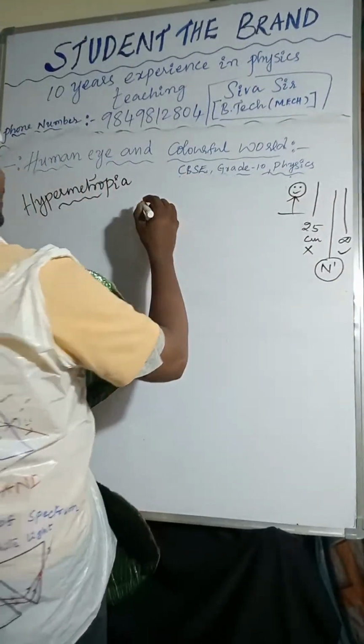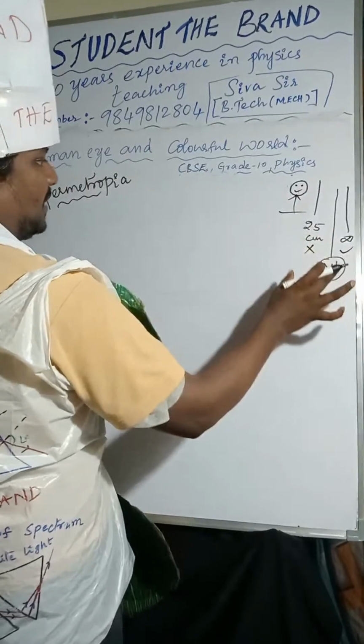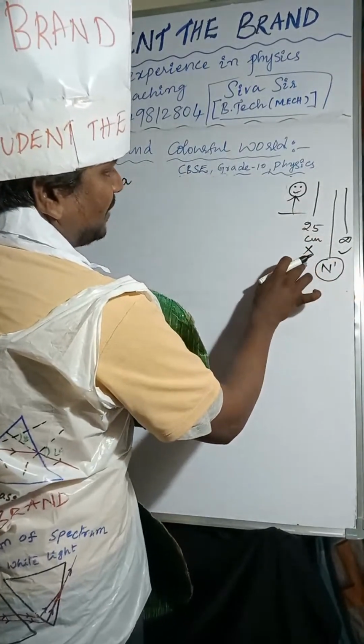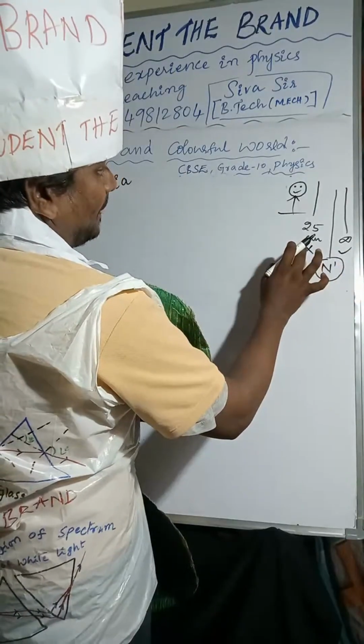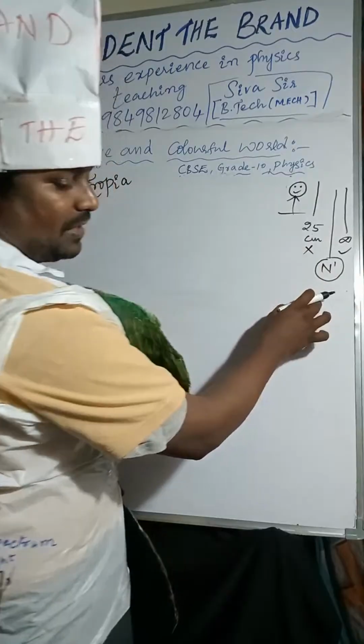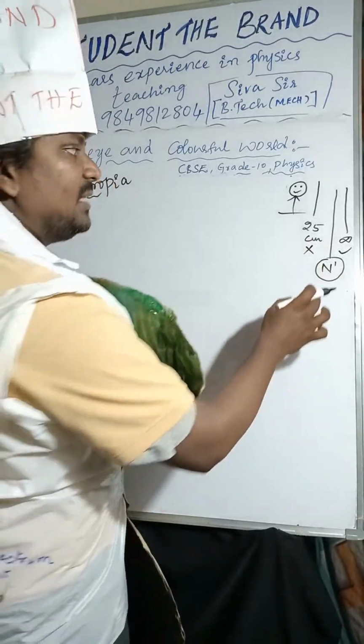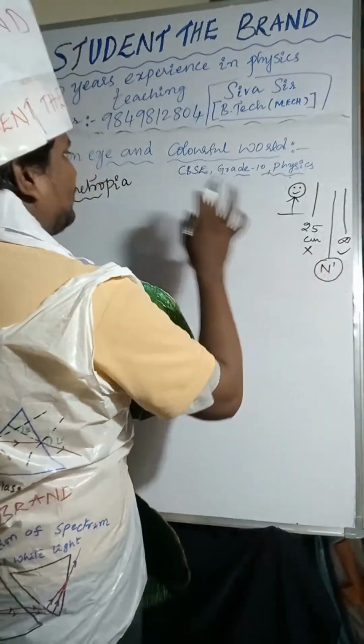Now we will draw the same situation in a diagram. He can't see 25, but he can see the far point, and from 25 to infinity he can see from one point somewhere else. That is the near point of the hypermetropic eye.